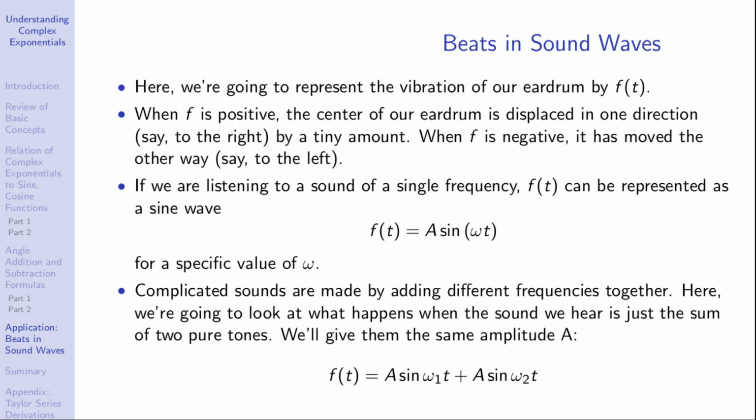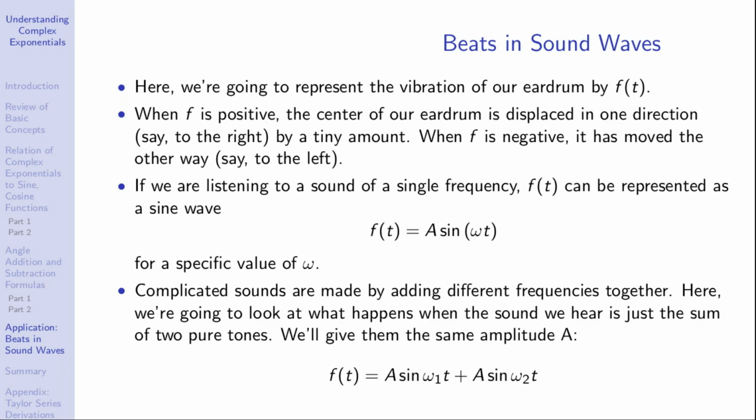If we are listening to a sound of a single frequency, f of t can be represented as a sine wave. So f of t equals A, which is some amplitude, times sine of omega t. And again, here t is time and omega is an angular frequency.